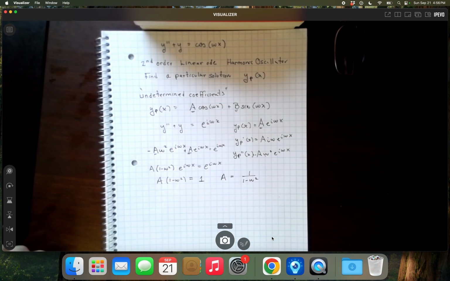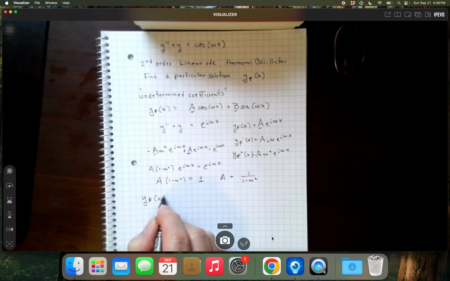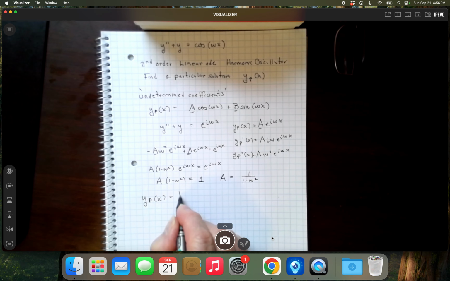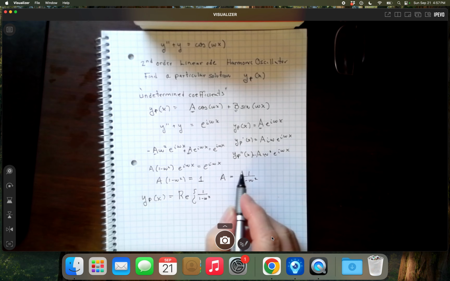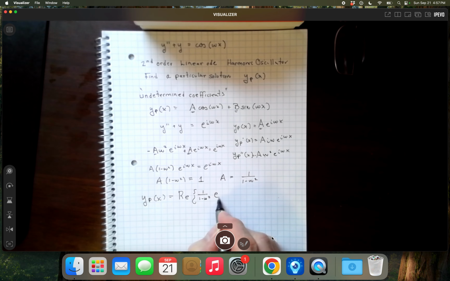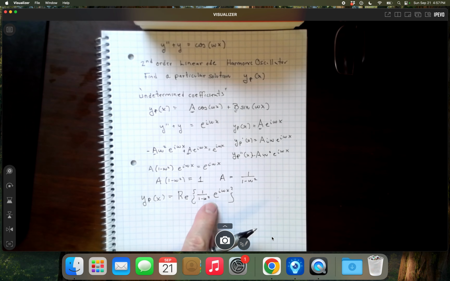Okay. So my particular solution is the real part of 1 over 1 minus omega squared times e to the i omega x. Well, this is nice. This is easy to find the real part.